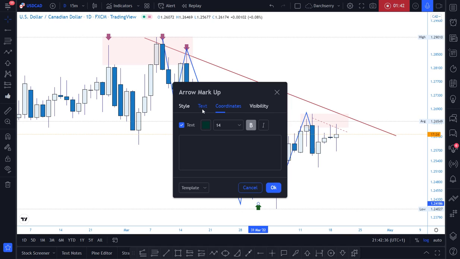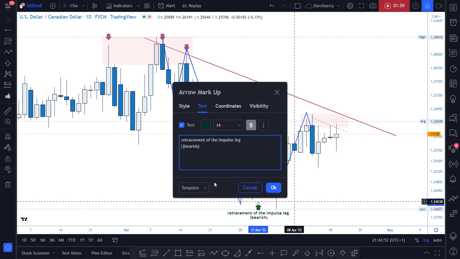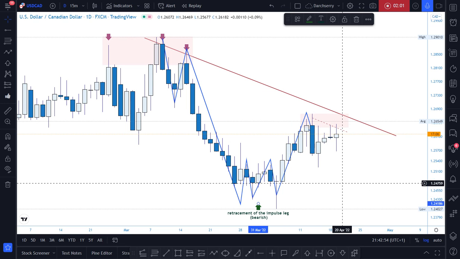Let me state that here. So the impulse leg is bearish, so we need to put it there so we can be on a clear note.